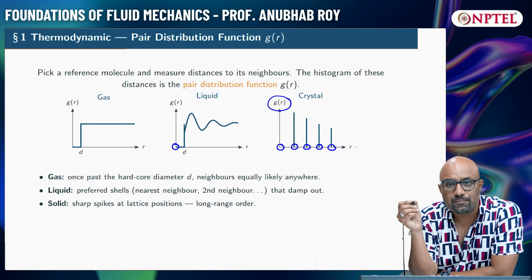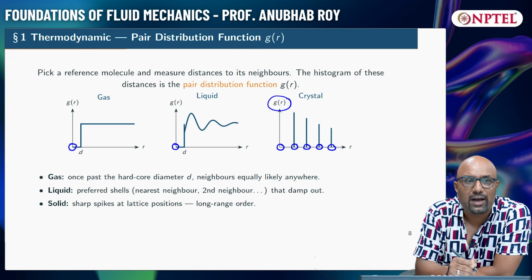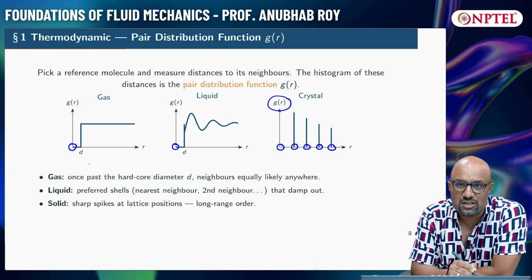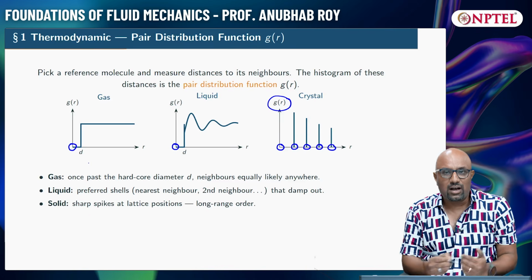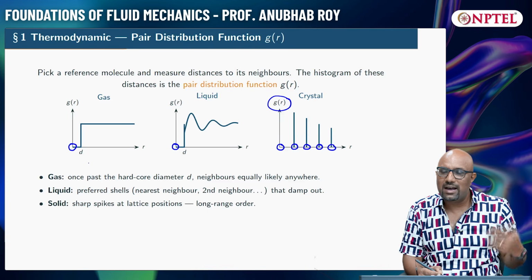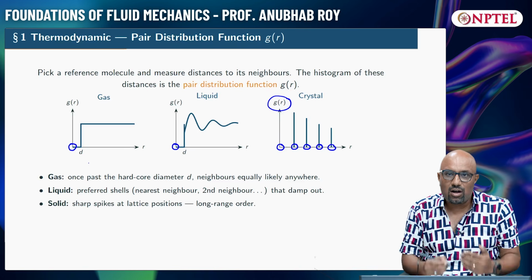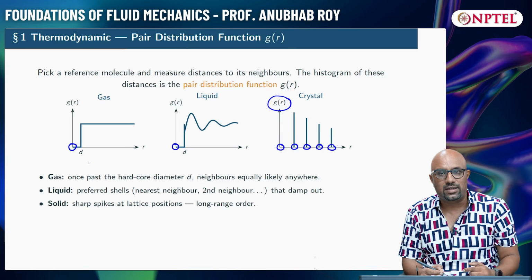For a gas, I cannot have a molecule coming and occupying where the reference molecule is. That's going to basically violate. I mean, if you are sitting on a bench, assuming no one comes and sits on top of you, then that space is excluded. Your location on the bench is excluded for all your classmates.